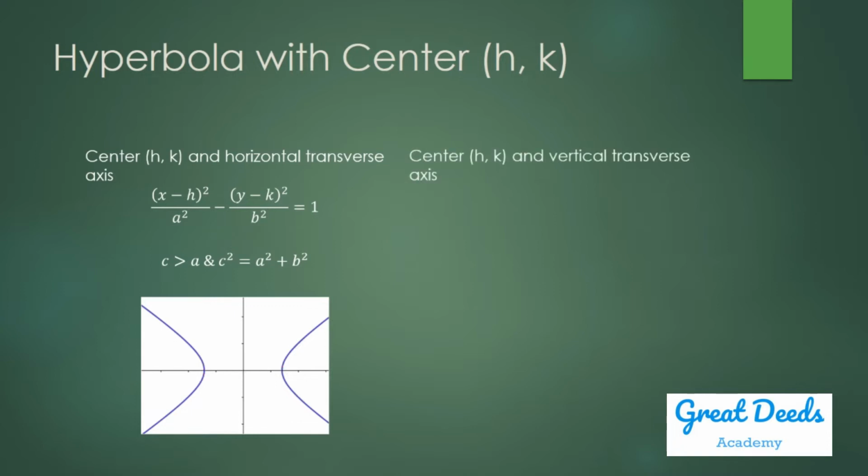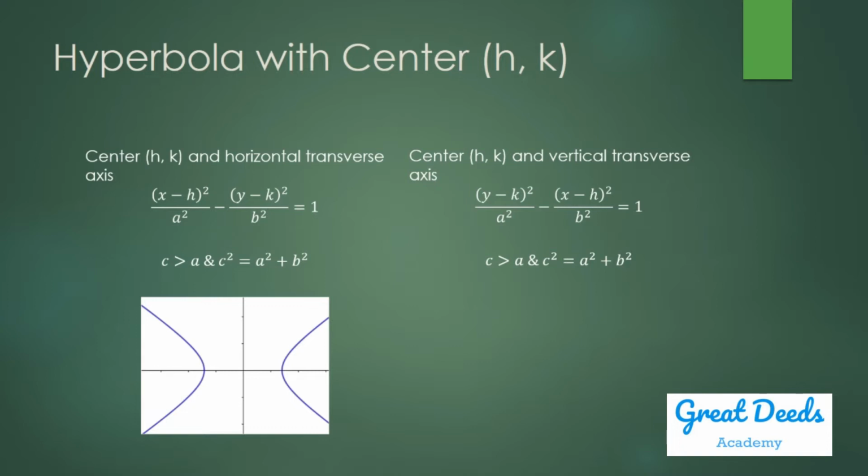When our transverse axis is vertical, this is our standard equation. So let us compare the two standard equations. When we are looking at the standard equation, how can we tell if the transverse axis is vertical or horizontal? The operation between the two terms is subtraction.